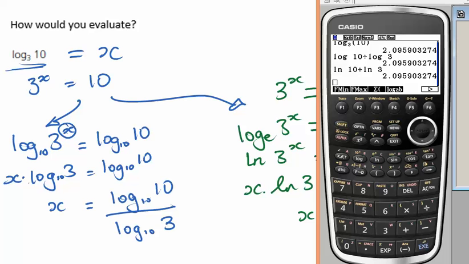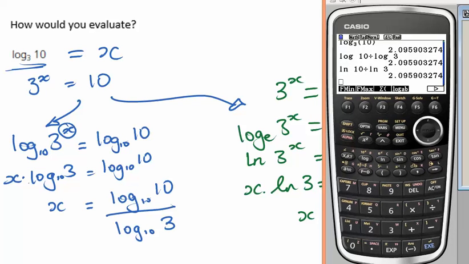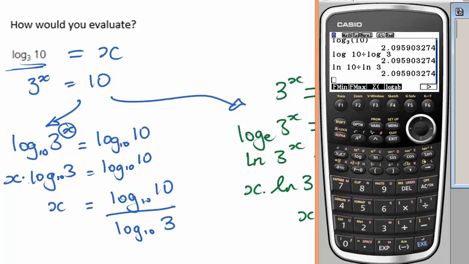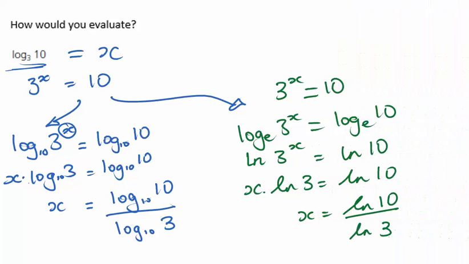So obviously it doesn't matter which base I choose here to take logs of both sides. I'm always going to get the same amount. And therefore you should be able to see that there's a rule. You may notice straight away that the numbers that I've got here and the number that I've got here are the two logarithms that I'm taking.